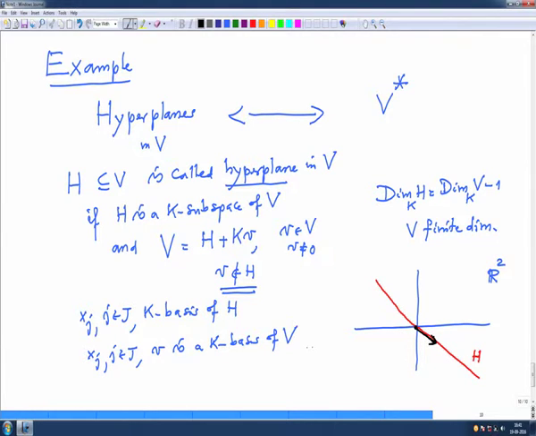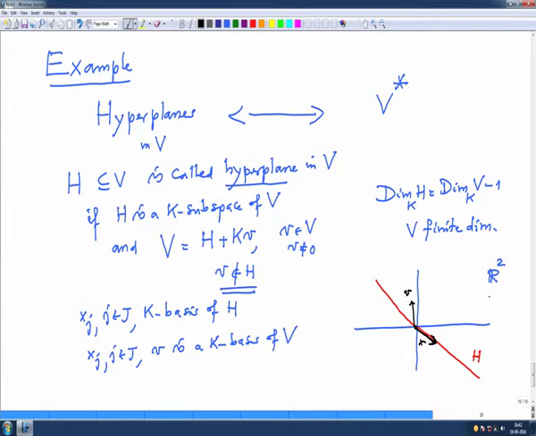In this picture H is one dimensional, but if I take along with this vector some other vector like this, call this x and this v, then x together with v will generate R2, and x is a basis of H. Nothing special about R2.